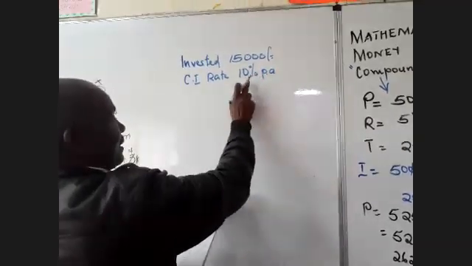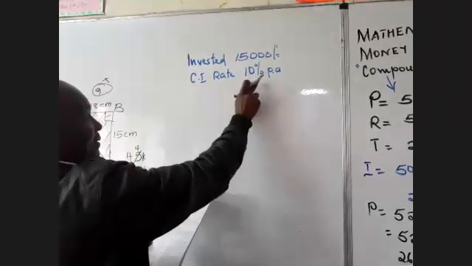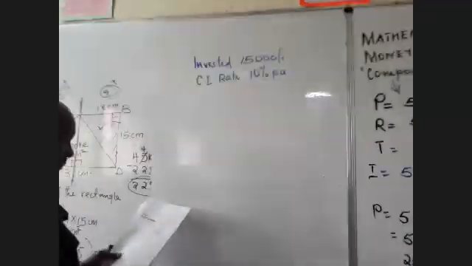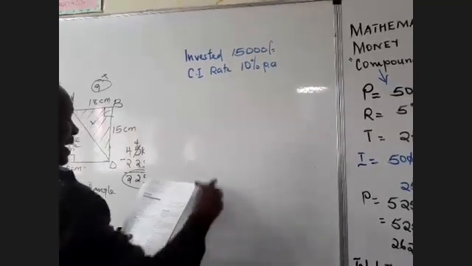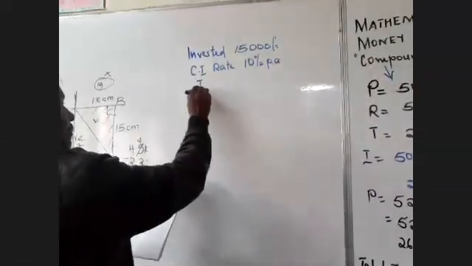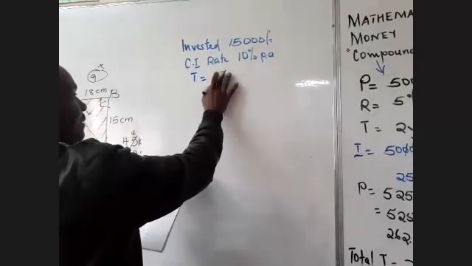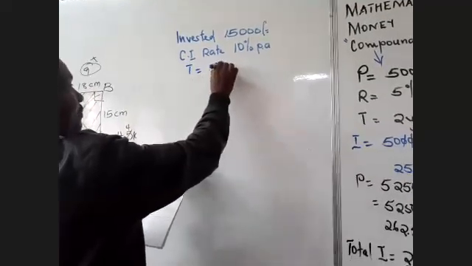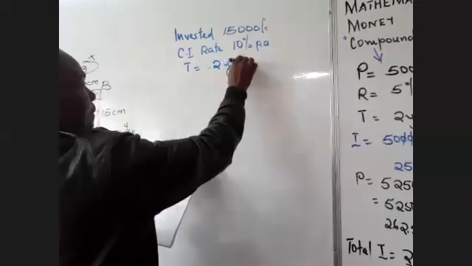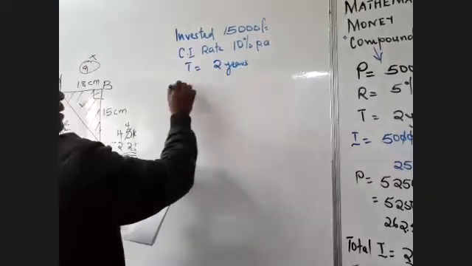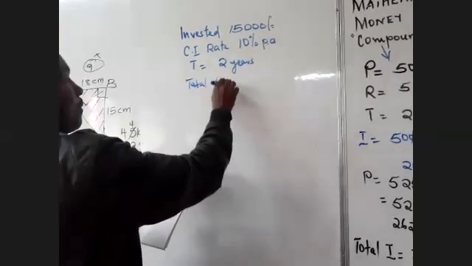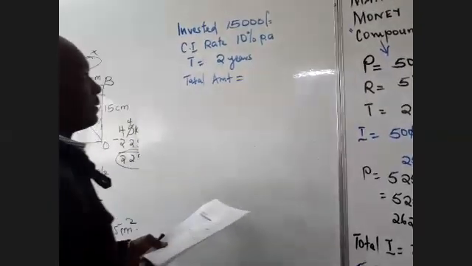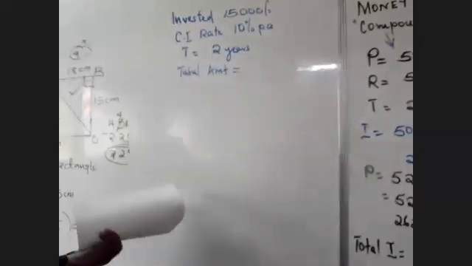Remember yesterday we did per month. This is per annum. How much money did she have in the bank after a time of 2 years? How much was in the bank, total amount after 2 years?